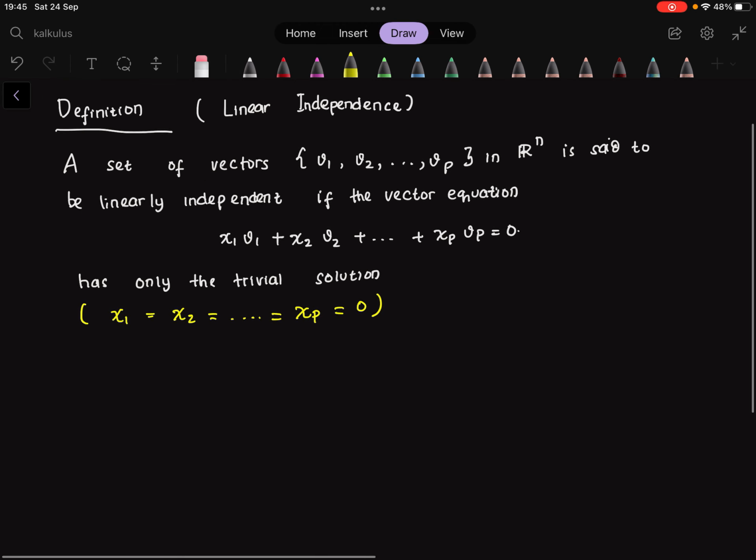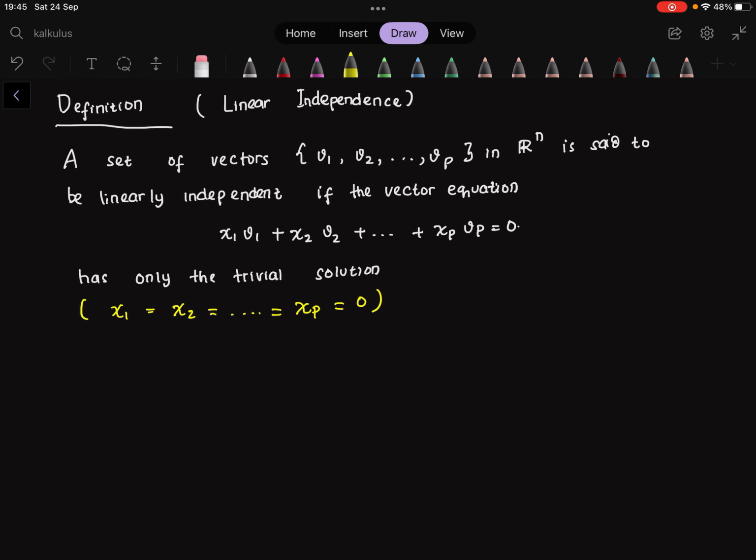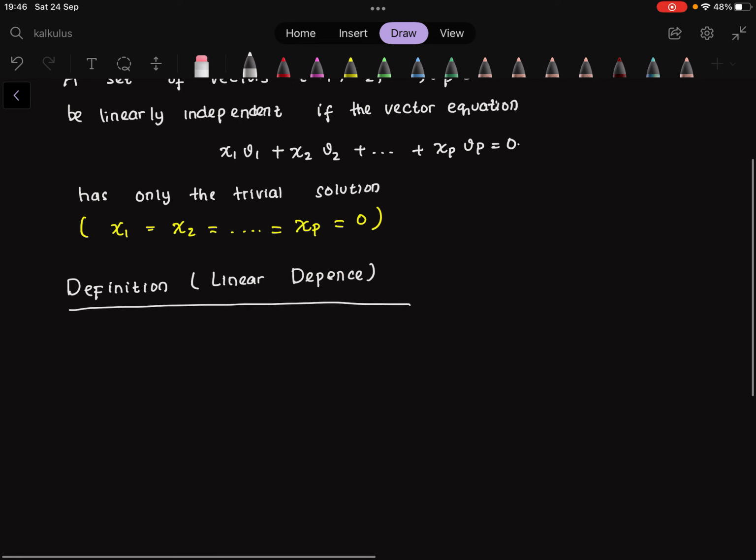So then how about linear dependence? Let me give the definition. I will write the definition in two different kinds. So here, linear dependence. What is the linear dependence?